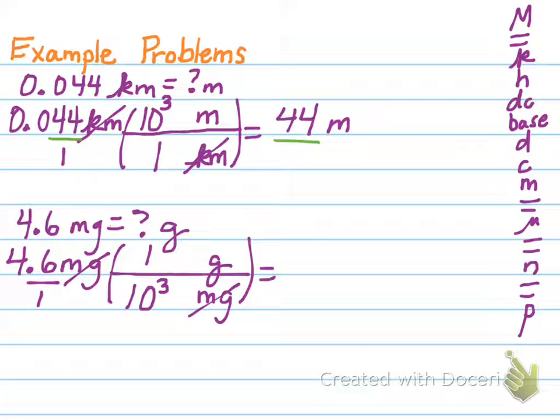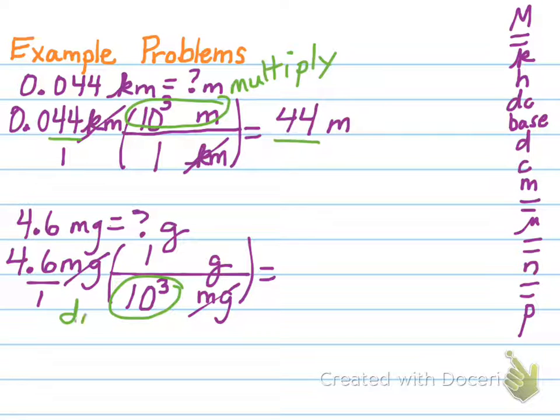Now, up here, because this was in the numerator, we multiplied. This time, because 10 to the third is in the denominator, we're going to divide. That's going to be important because eventually we're not going to just be dealing with numbers as simple as ones where we could just move decimal places.